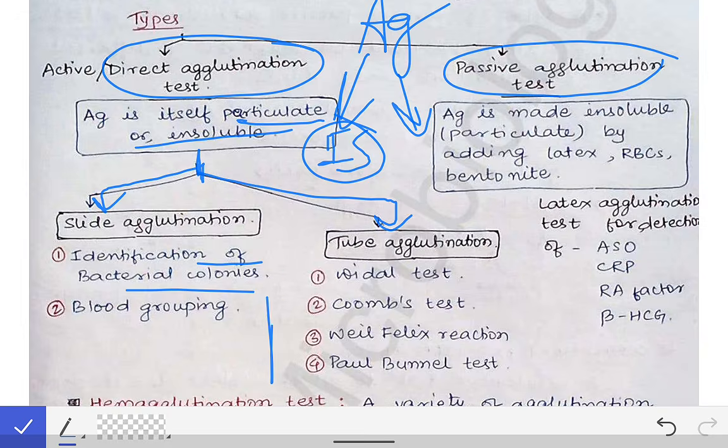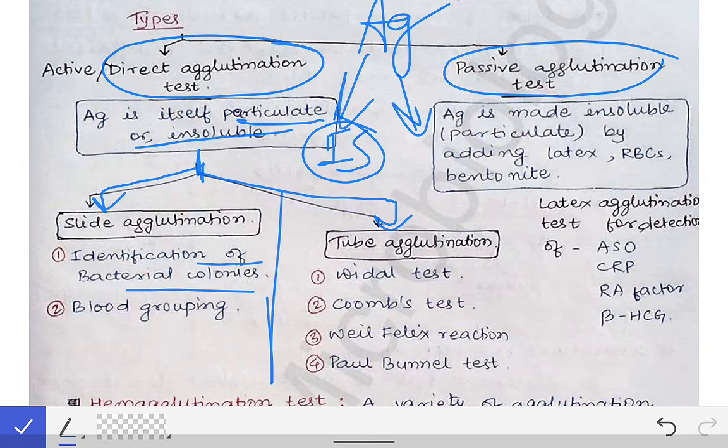Now coming to the tube agglutination. The tube agglutination is a quantitative test where we can find the quantity or titer of the antibody in the patient sera. In the tube agglutination test, we put a particular amount of antigen in different dilutions of the patient sera, so that we can get the titer of the antibody at which the agglutination reaction is seen.